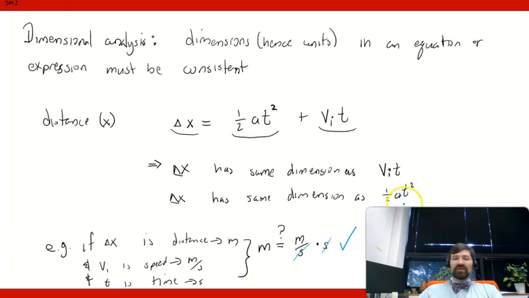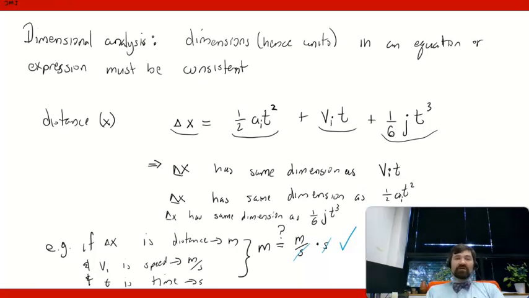Okay, we could do the same process with the 1/2 a t squared term. Maybe there's other terms, like you might have a term like this, j t cubed. But since we've established that time t is in seconds and x is in meters, that means that we now know what the units of the a and the j have to represent.